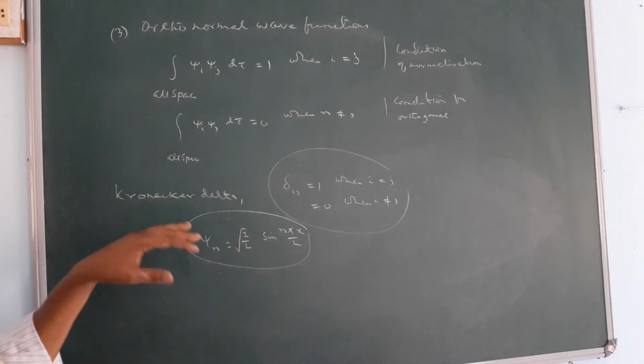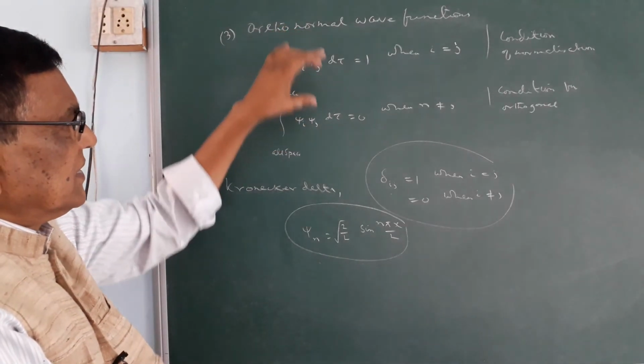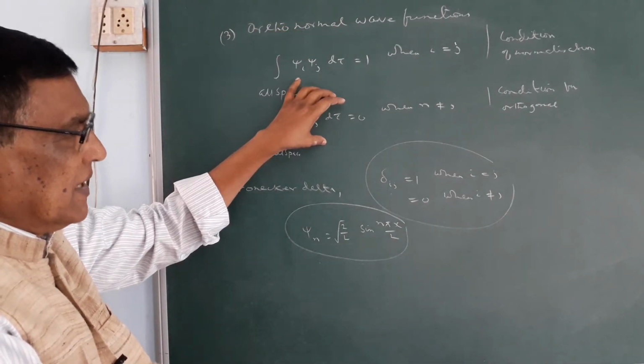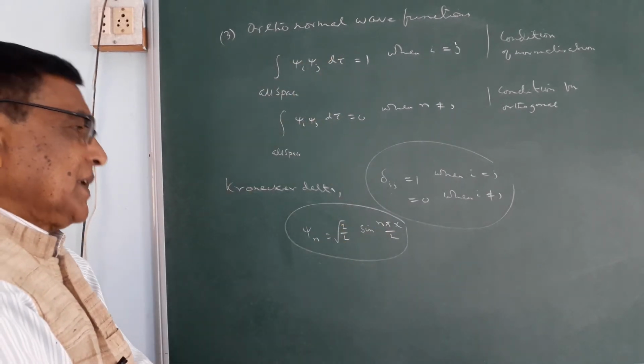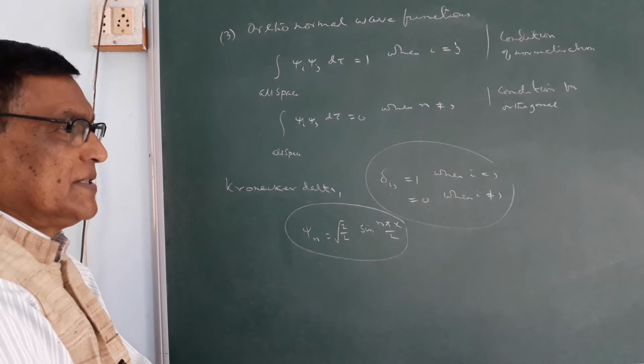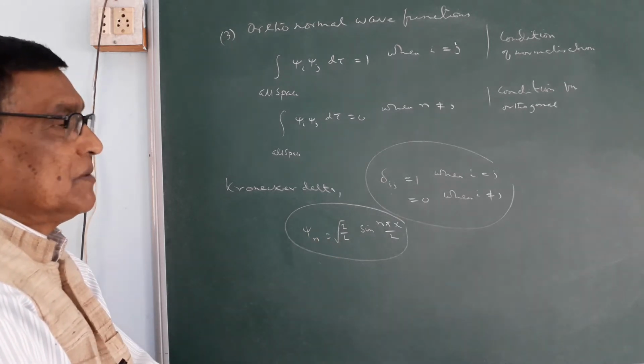We have to put this condition and that condition separately, and whenever these two conditions are obeyed, then we can say the wave functions for this particular one-dimensional box are orthonormal.